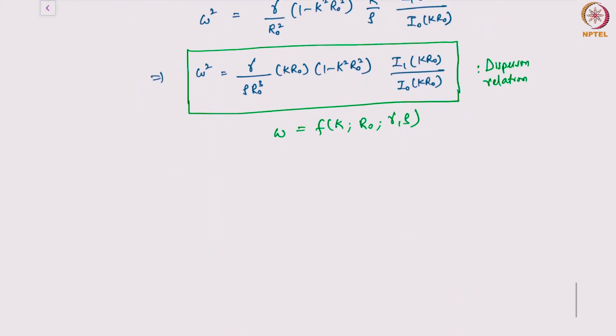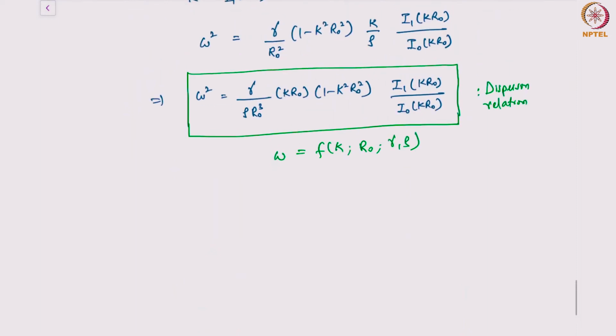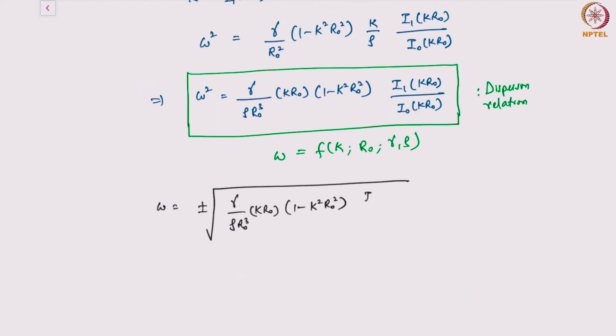So this dispersion relation, if I take a few more minutes, I can solve for it. So omega, as it turns out, simply becomes plus or minus the square root of gamma by rho r naught cube, k r naught times 1 minus k square r naught square, I1 of k r naught by I0 of k r naught.